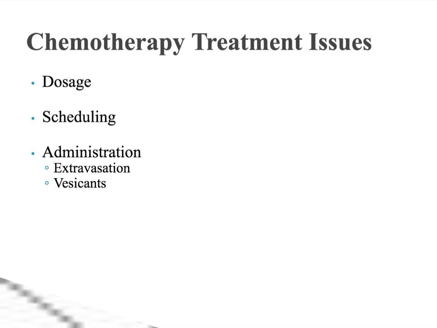Most of the chemotherapy drugs are administered through an intravenous route, although some are administered a little bit differently. A lot of them are what we call vesicants, which means they have a very acidic pH. So we infuse them through a central line.